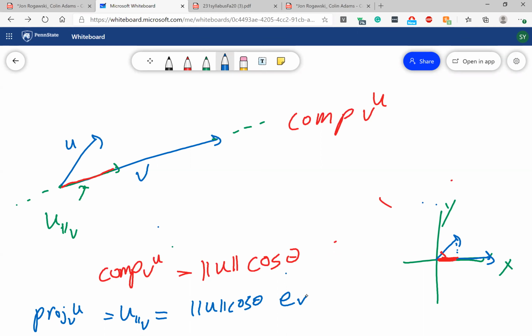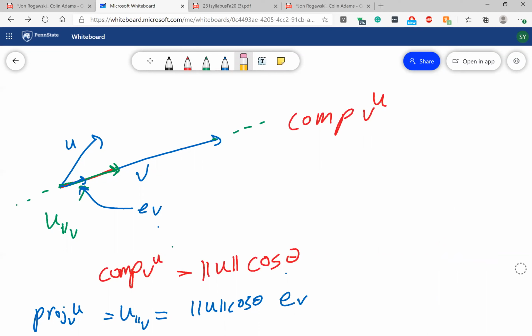So again, what we're imagining is that we found the component of this projection, and then we look at the unit vector. So you look at the unit vector over here, EV, and then you just multiply it by this component, so by the red part, and you get the green part. You get your projection. So far, is this clear? Yep, looks good. All right.